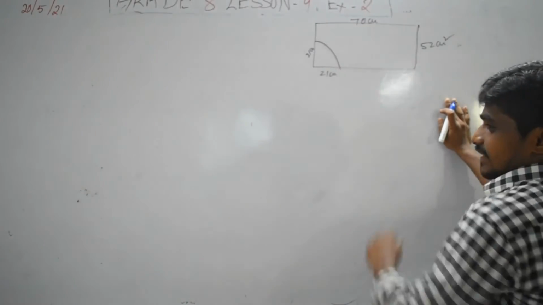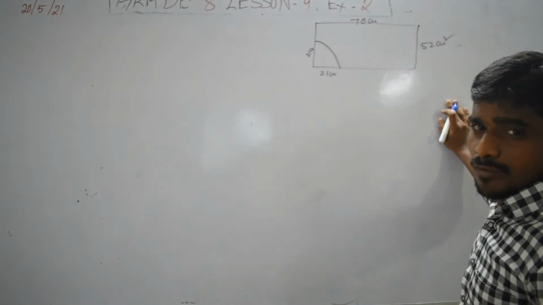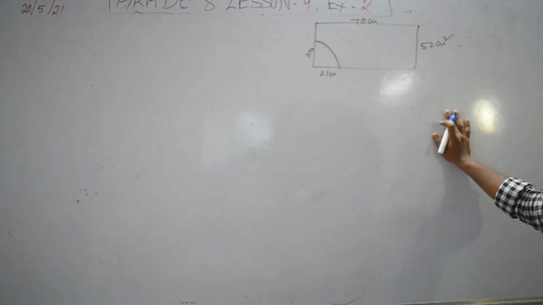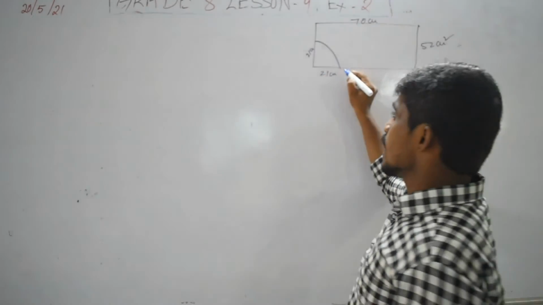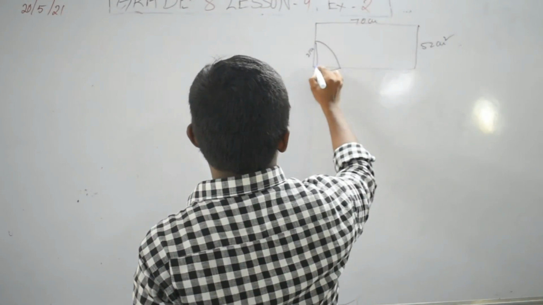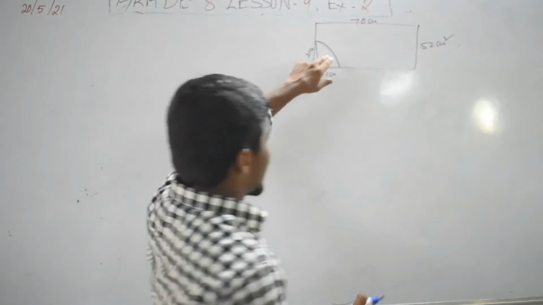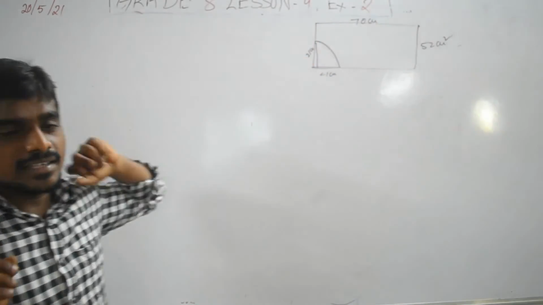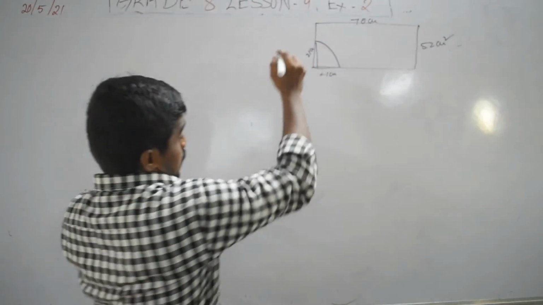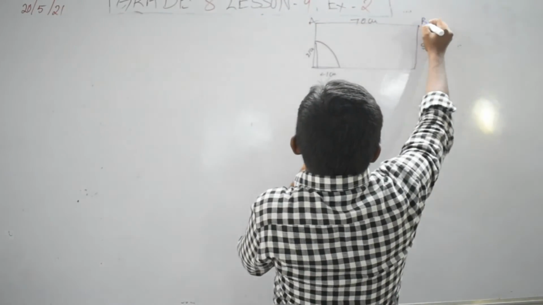So here is the grazing of the animal. This is a grazing field, this corner where the farmer is tethering. So what is the area of this grazing? Here, see, now A, B, C, D.